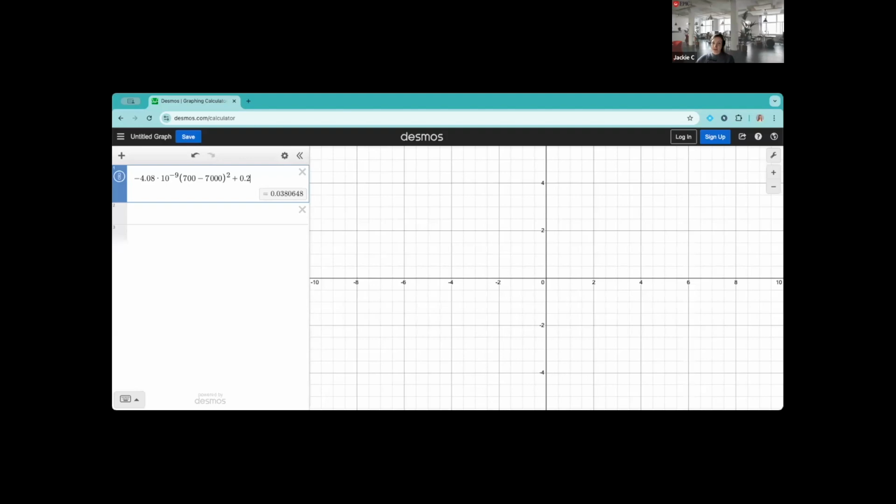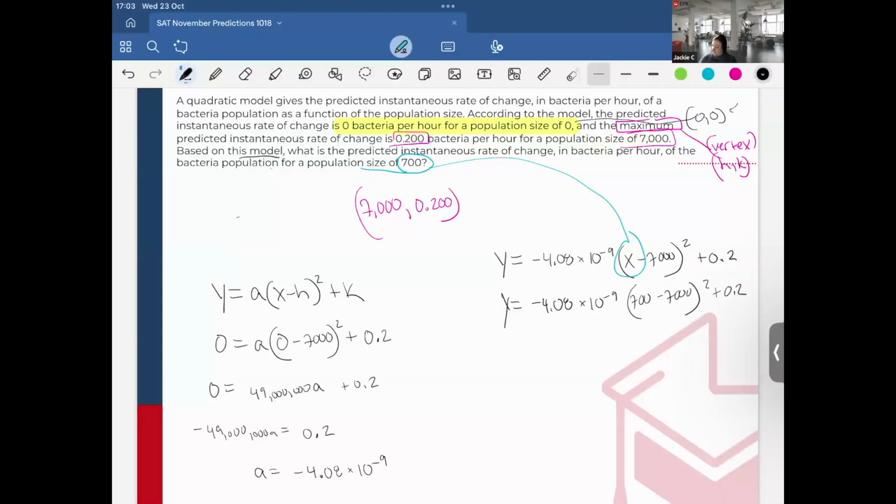Okay, and then we can see I just typed it into Desmos, negative 4.08 times 10 to the negative 9, (700 minus 7,000) squared plus 0.2 gives me the correct answer, 0.38. And that is what I would enter as my answer.